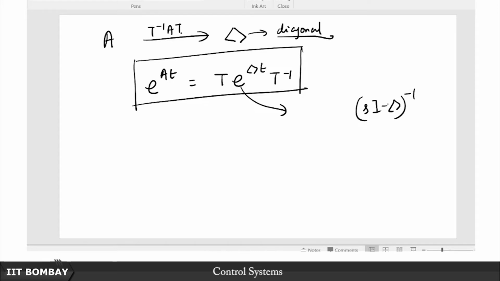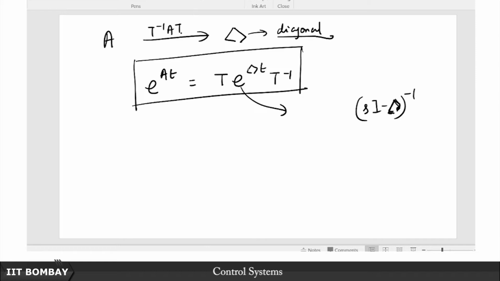The inverse of a diagonal matrix is very easy, just take the reciprocal of each entry in the diagonal. So you take 1 by s minus lambda 1 in that form, and then take the individual Laplace inverses. You will only have n Laplace inverses to perform, because after all it is a diagonal matrix, n squared in size, but only n of those entries are non-zero, sitting on the diagonal. So you get this immediately.